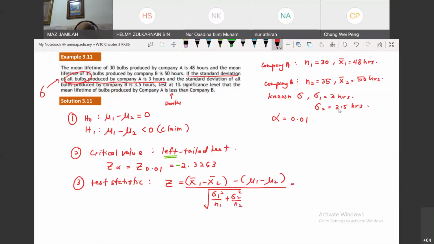If we put all the values in, you will get 48 minus 50 minus 0, divided by the square root of 3 squared over 30 plus 3.5 squared over 35, and then you will get negative 2.481.